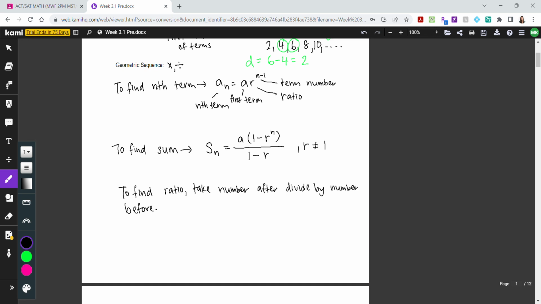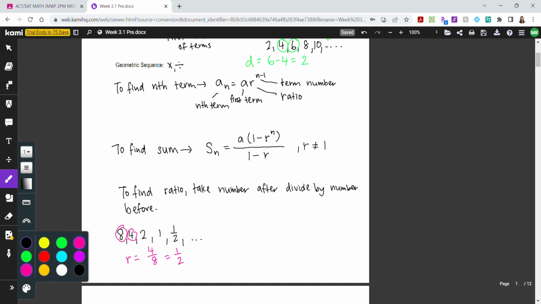So say we have 8, 4, 2, 1, half, and so on. If I want to find my ratio, I am first going to take 4 and 8. Since 4 is after, r equals 4 over 8, which would equal half. So that means our ratio for this geometric sequence is half.